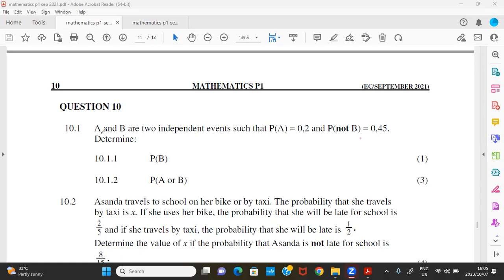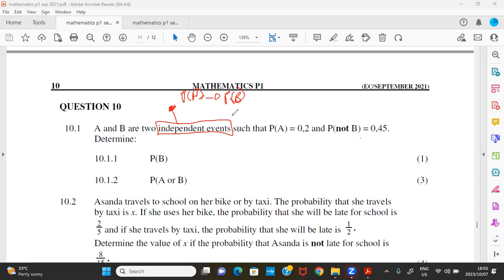Okay, they say A and B are two independent events. So that's very important. What do we know about independent events? Since we have A and B, we know that the probability of A does not influence the probability of B happening.